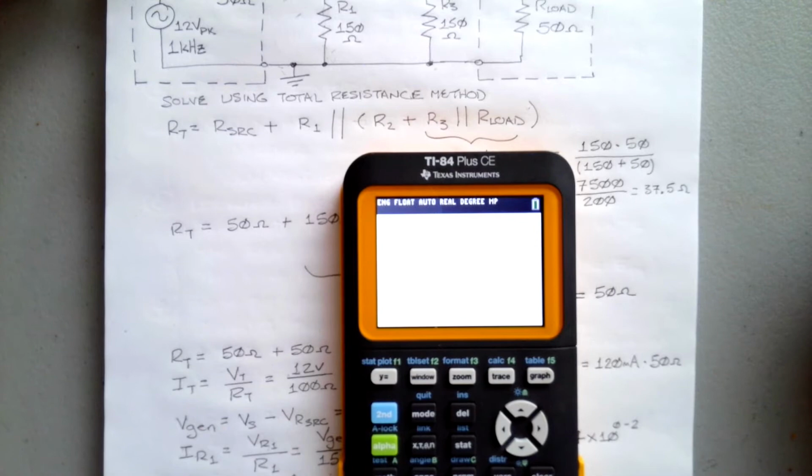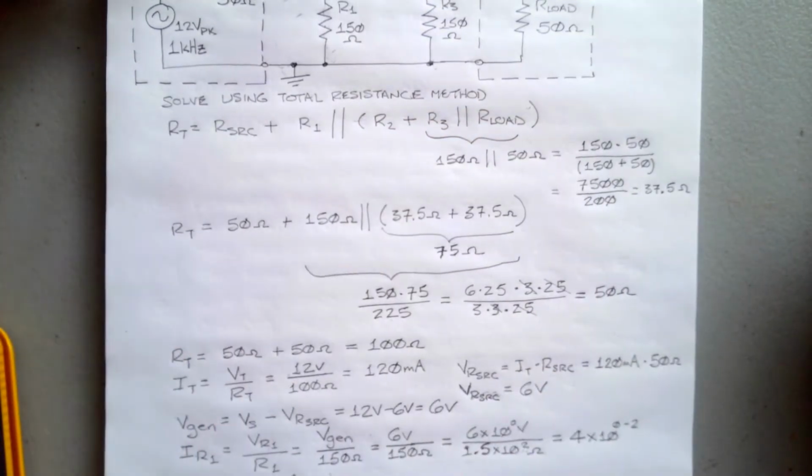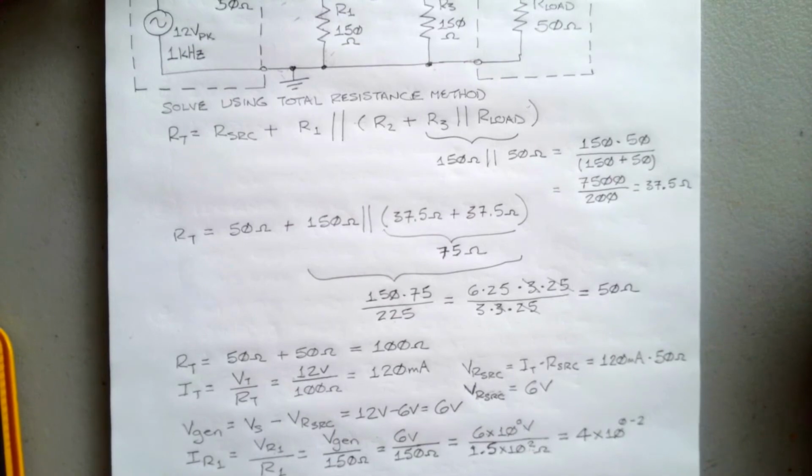And I'm going to put 80 times 10 to the minus 3, because that's milliamps. 80 times 10 to the minus 3 times 37.5 ohms equals, and I get 3 volts. So, you think about it, 0.375 is 3/8. So 80 times 3/8 giving us a 3 kind of makes sense. So that gives us 3 volts.